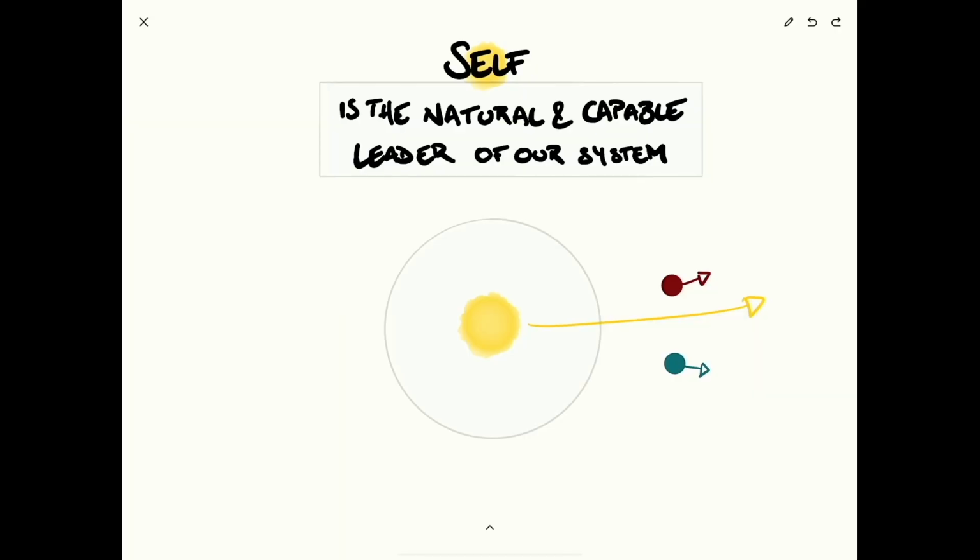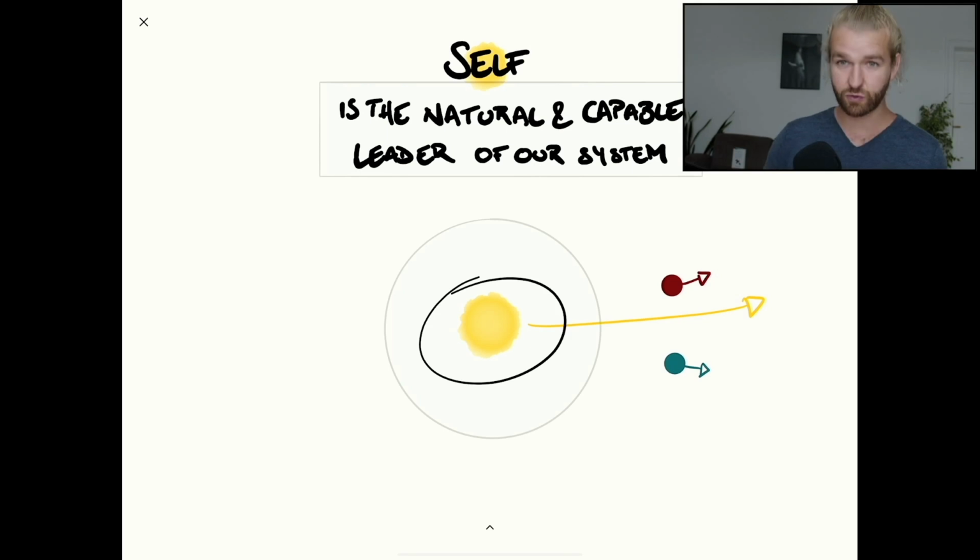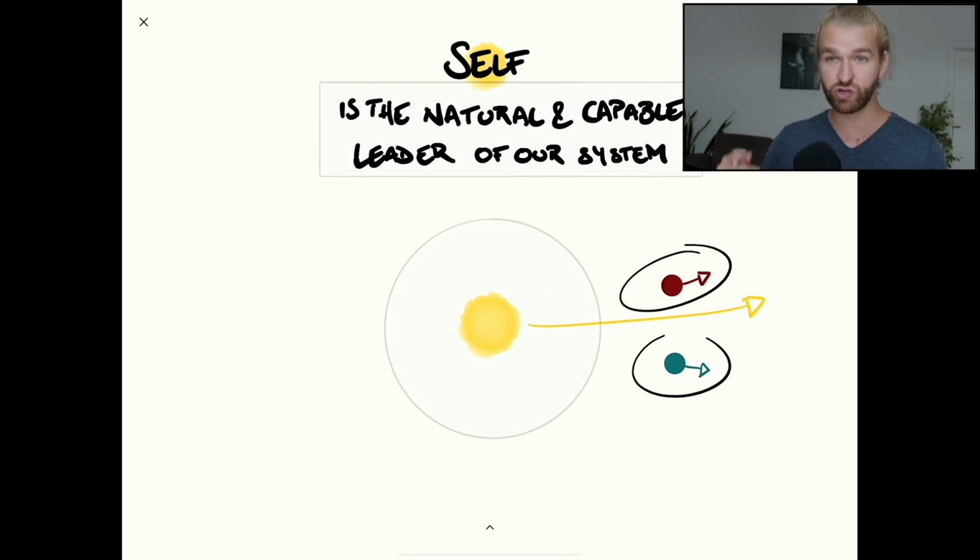We are meant to lead within our own psyche, our own system from self, this spiritual place, the spiritual core of us. And that when we are connected to it, when this is freed enough, we naturally have the capacities to do it, and that parts actually react very positively to the self. So that's an even deeper perspective of this that I will also explore in the next videos.